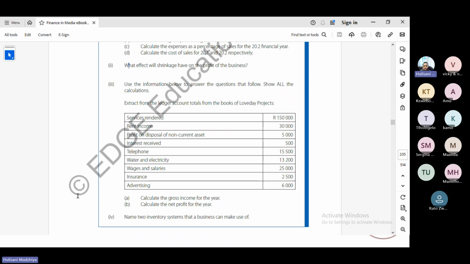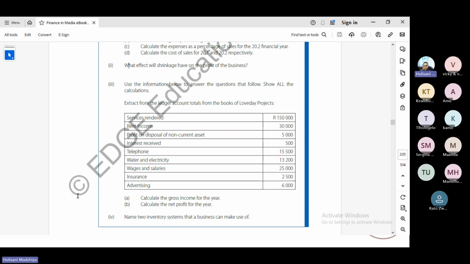Here we do not have services rendered cost, so we do not have any cost in terms of doing our project. We're just charging for the service that we offer. So there is no cost associated with it. This means our gross income will just be 150 minus 0, which gives us a gross income of 150. So if your book says otherwise, that information is incorrect because there is no services rendered cost.